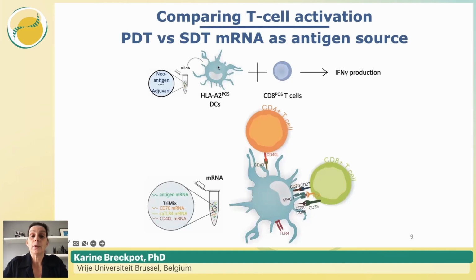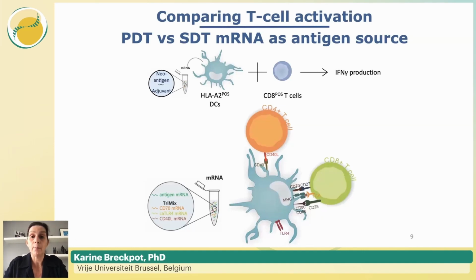Since we are stimulating T cells de novo, we added a mixture of mRNA to mature these dendritic cells. That mixture is called TriMix, where we have CD40 ligand mRNA and constitutively active toll-like receptor 4 mRNA that should activate the dendritic cell, and then CD70 mRNA that should help give a signal to the T cells to proliferate.